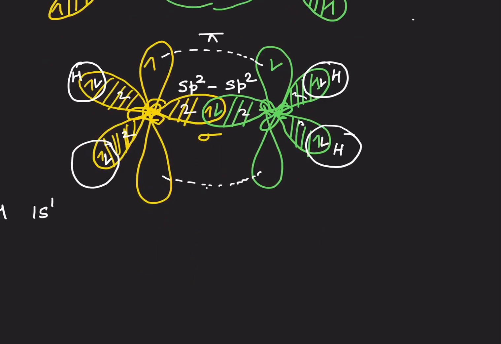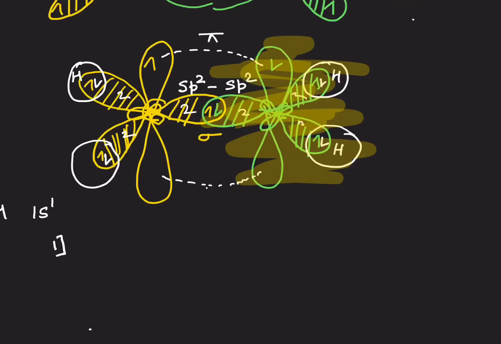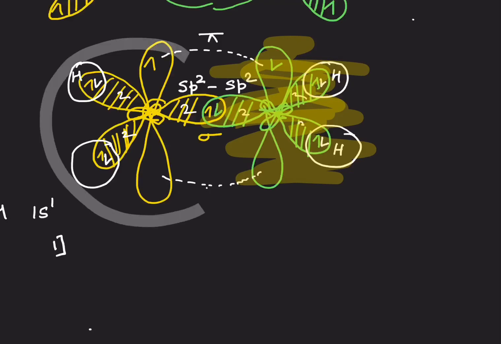Now comes the interesting bit. So, first of all, what will be the shape? Again, you see, when you have to see the shape, you are going to forget about one of the atoms. Just forget about it. So, let me suppose that I am hiding this. Look at the configuration around this part, around this carbon as a whole.